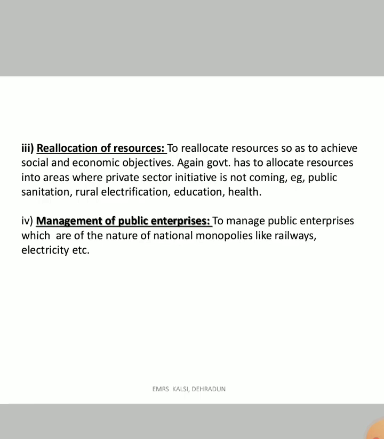So what does government do? Government allocates these resources, provides these resources to the people who are not able to purchase, because the private sector will not initiate. The private sector will sell to those people who are able to afford. They will not provide the electricity, they will not establish schools in the rural areas. Why?